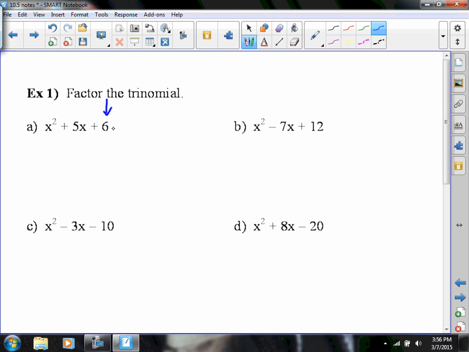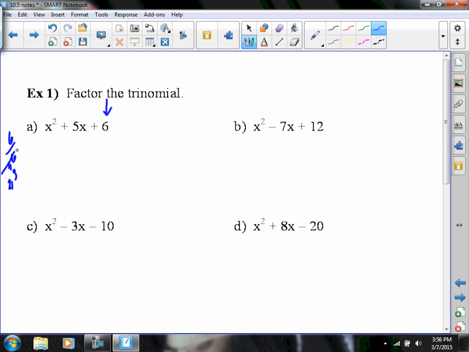So here I need the factors of 6. So that could be 1 and 6, or it could be 2 and 3. Now 1 and 6, no matter how I add up 1 and 6, well, I guess I could subtract them to get a 5, but then I would have a subtraction. And a subtraction, if I put a minus in one of my parentheses, it means I'm going to get a minus here when I multiply.